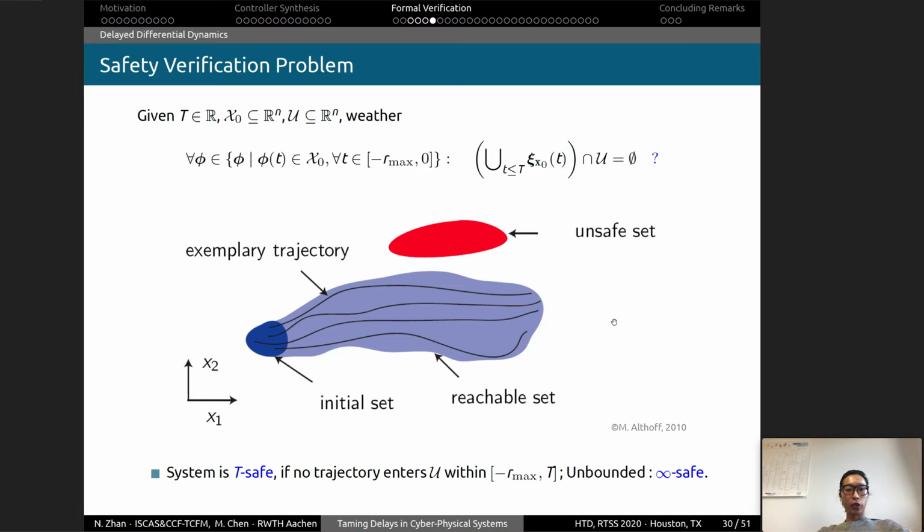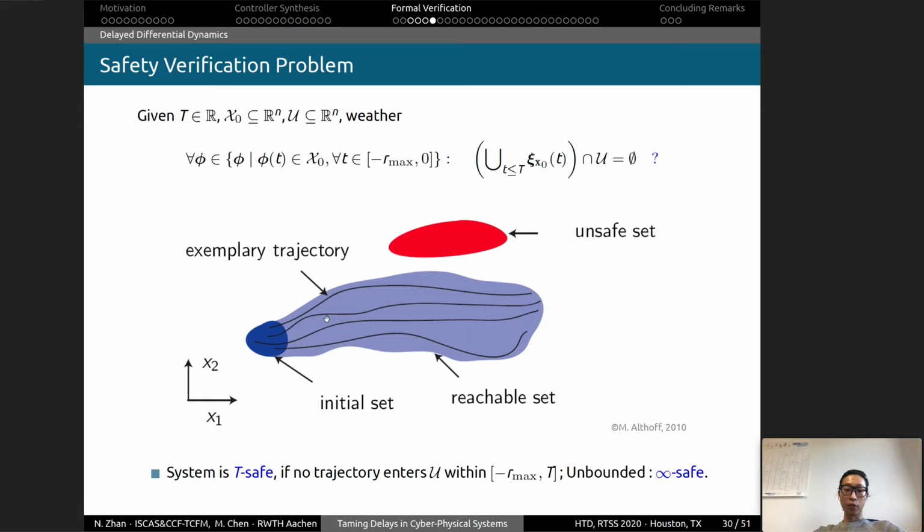Now, I'd like to recap the safety verification problem for delay differential equations. Suppose we have this blue region, which is the set of initial functional states for DDEs. The verification obligation is to guarantee that every system trajectory or solution originating from this blue region will never enter the unsafe set of states.